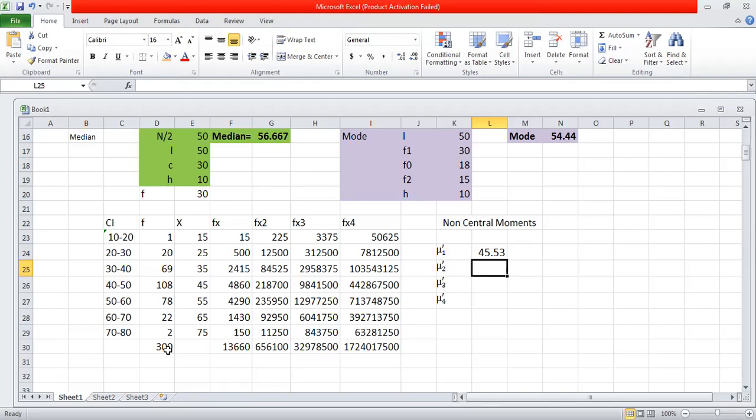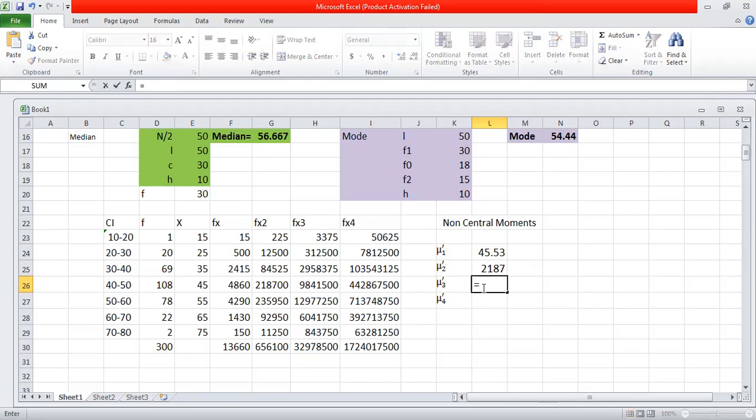Next coming to the second non-central moment, it is 1 by n summation fi xi square, means summation fi xi square divided by n, that is 300. So we get the second non-central moment.